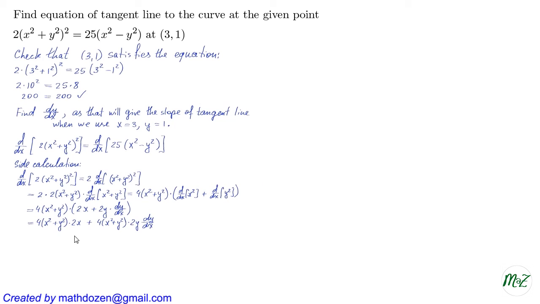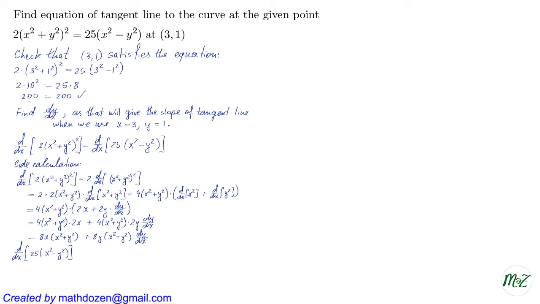And if we distribute the 2x plus 2y times dy over dx, we get 4 times x squared plus y squared times 2x plus 4 times x squared plus y squared times 2y times dy over dx. So that's what comes out of the derivative of left hand side. And well, if we multiply 4 by 2, we get 8. So this is a slightly simplified form of that derivative.